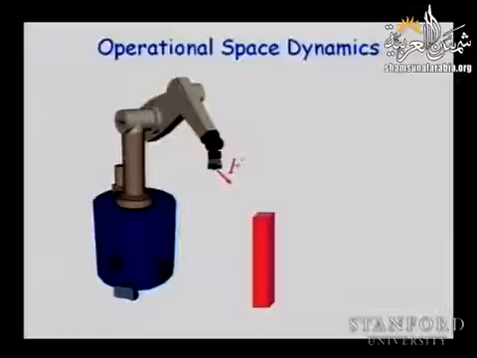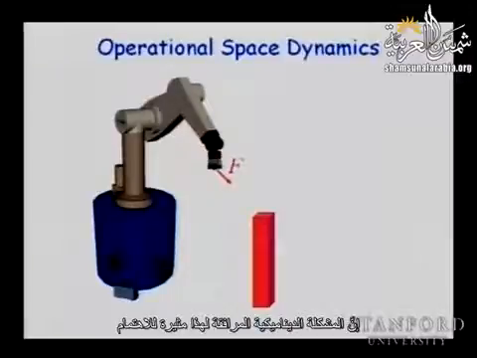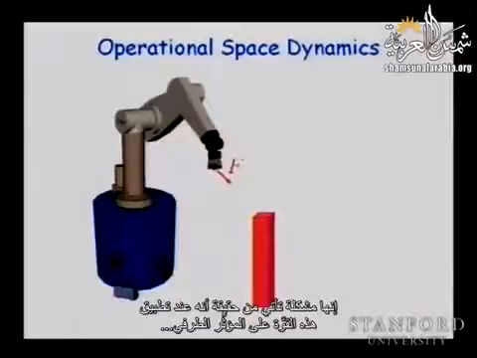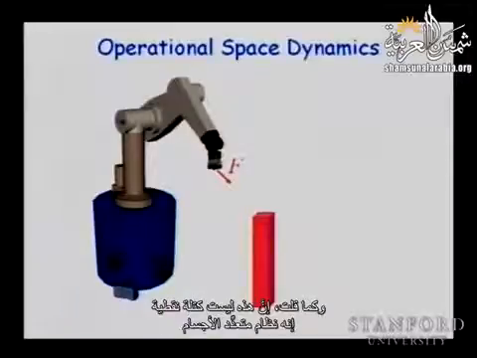So the dynamic problem that comes with this is quite interesting. It comes from the fact that when you apply this force to the end effector, and as I said, this is not a point mass, this is a multi-body system, you are going to obtain an acceleration.